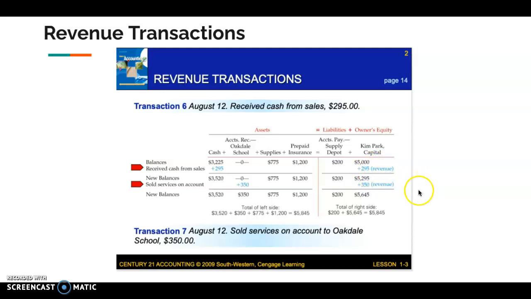Okay? Now, here's the other way that we're going to get business, or we're going to earn money. We are going to sell services on account. So what that means is let's say Kim Park for Techno does all of our tech work for Central City. So throughout the month, we say, can you come in and do this work, and she comes in about 4 or 5 times in a month.